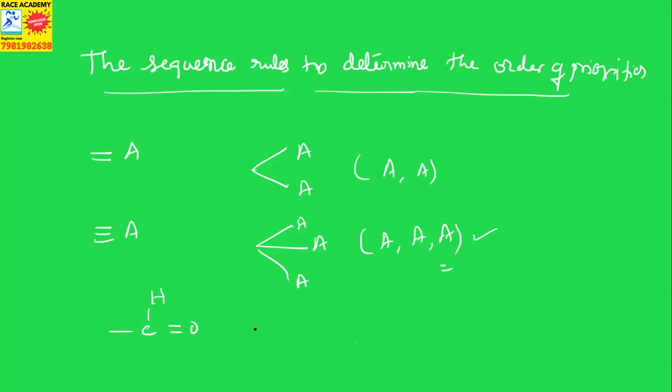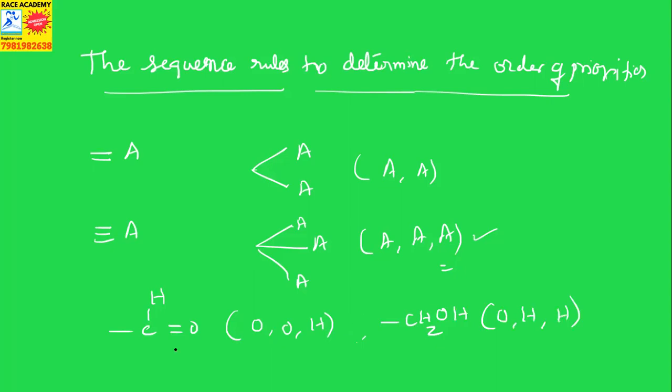Okay, here, oxygen, hydrogen. So, like this we will write. And if we have a primary alcohol functional group, then oxygen, hydrogen, we'll give priority like this.